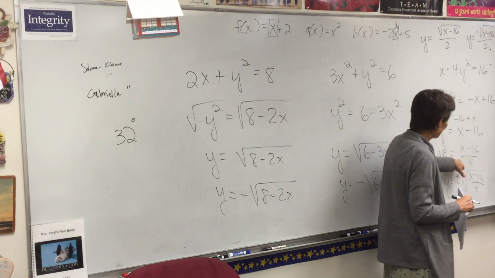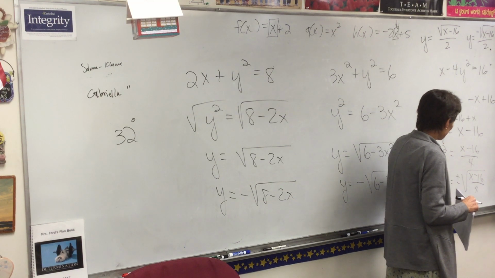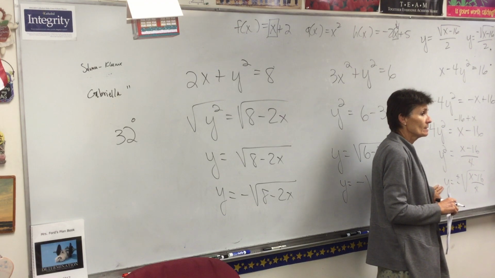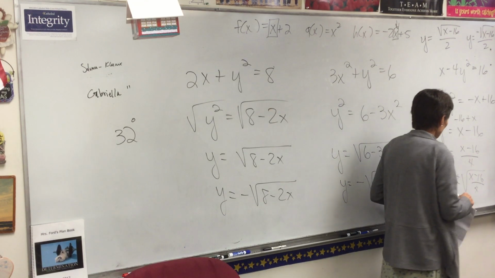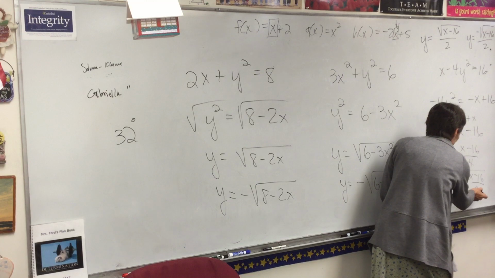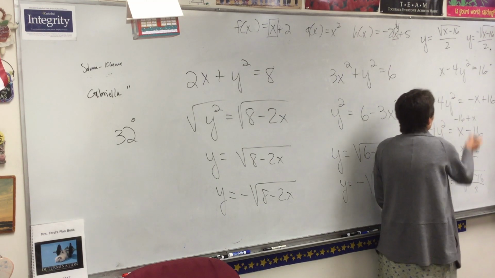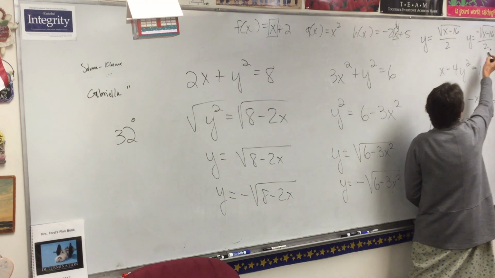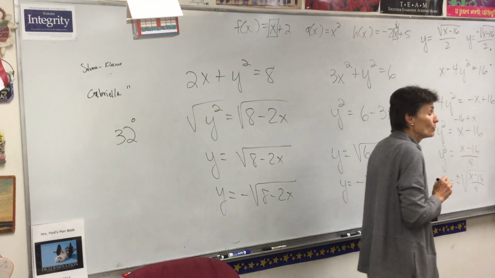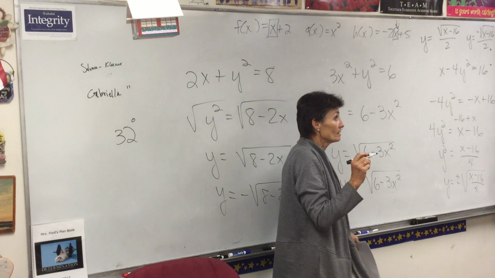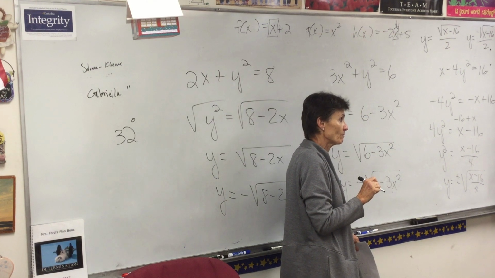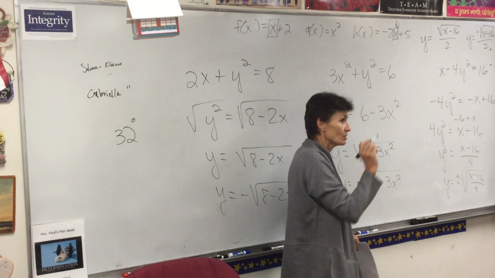So then I divided by 4, and then I took the square root. Now, when I took the square root, what is the square root of 4? 2. So that's why I went ahead and just made the denominators 2, because the only thing in the denominator is a 4, and the square root of 4 is 2.